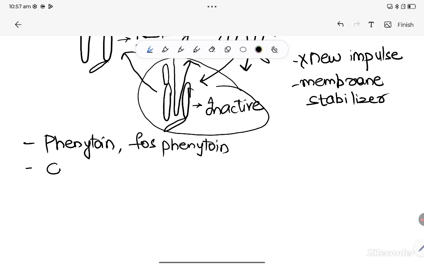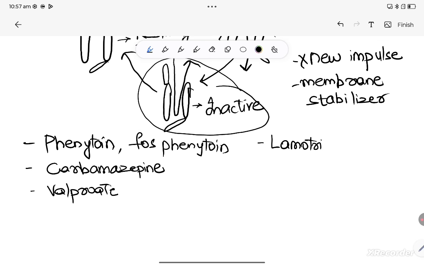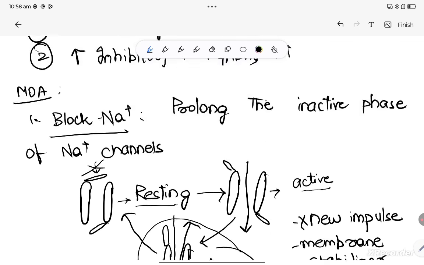Then comes carbamazepine, sodium valproate, and certain newer drugs like lamotrigine and topiramate also act through this. Now, this is about our first one.